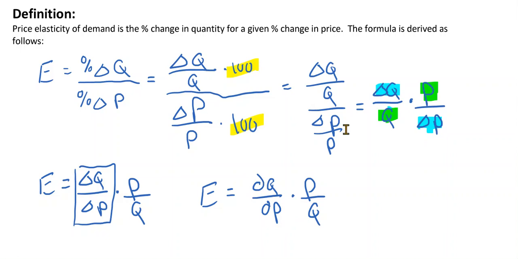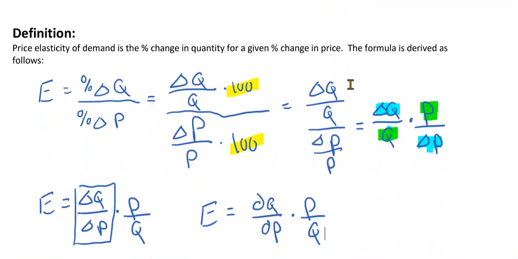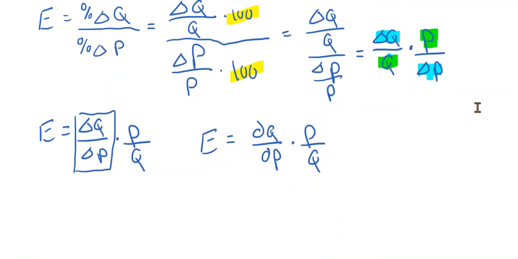Because from the graph, we can see that delta P and delta Q, change in price and change in quantity, are inversely related. That means there's always going to be a negative relationship. Well, economists decided they didn't want to have negatives. So in order to get rid of the negative relationship, since dq dp is always going to be negative, we simply take the absolute value of that.